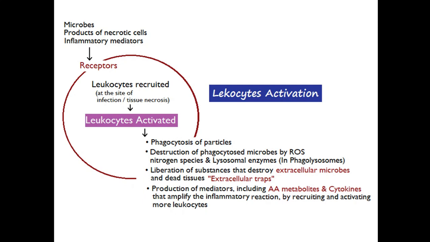Now, the activated leukocytes are also supposed to produce various mediators that include arachidonic acid metabolites and various cytokines, and these are involved in amplifying the inflammatory reaction by recruiting and activating more and more leukocytes.